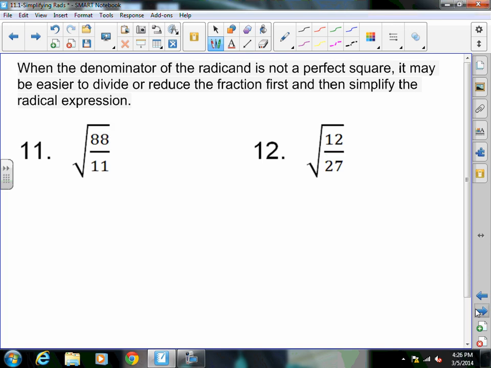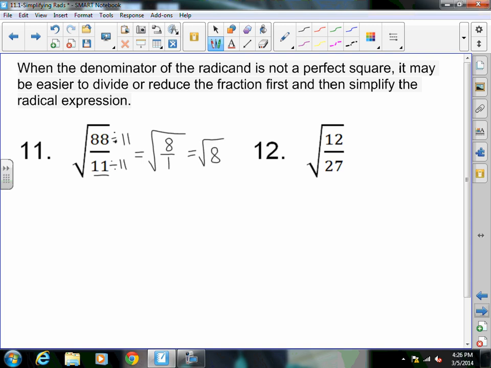All right, now, number 11. Notice that the denominator isn't going to give you a whole number, so let's go a different route. I could reduce this fraction, oops, not by 8, by 11, right? 11 goes into both. And get the square root of 8 over 1, which what is 8 over 1? It's just an 8.